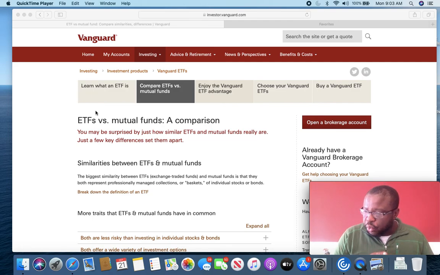Okay, so let's talk about why you would want to have an ETF, or some of the advantages. For example, an individual stock like AT&T is very risky. If you have all of your money in one stock and something happens adversely to that stock and it goes down, now you have 100% of your money at risk.